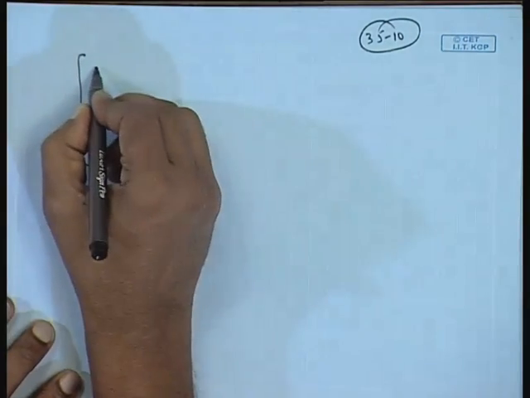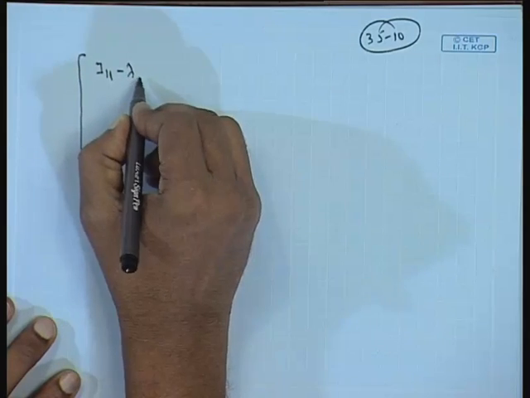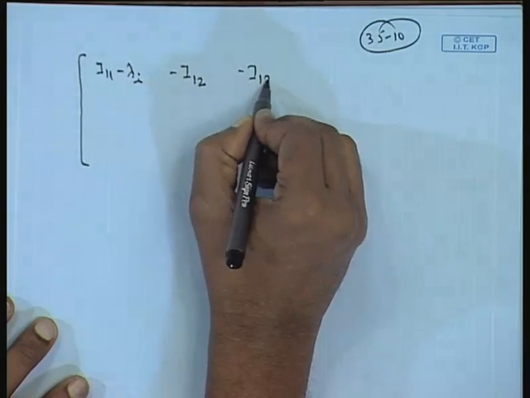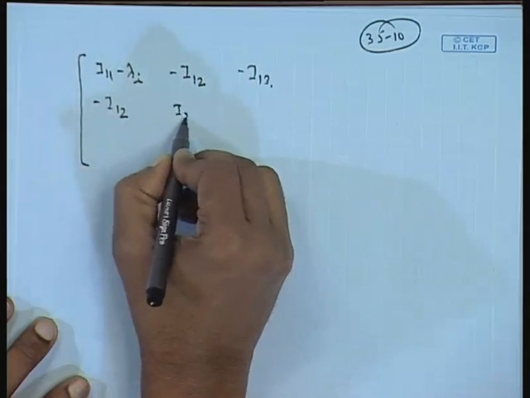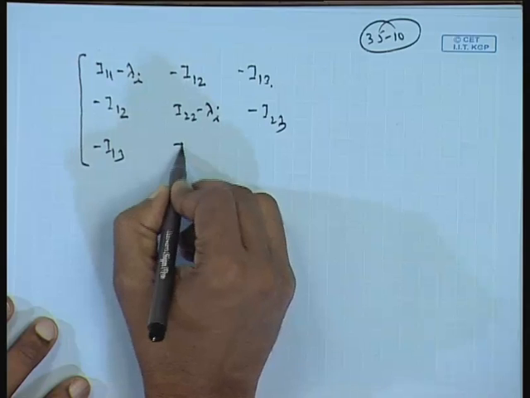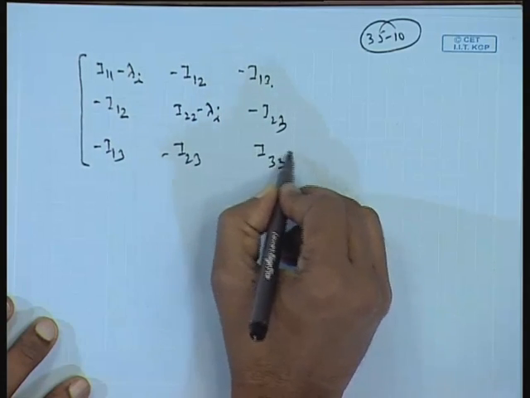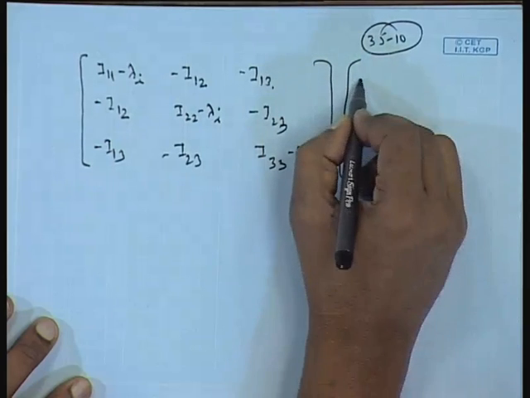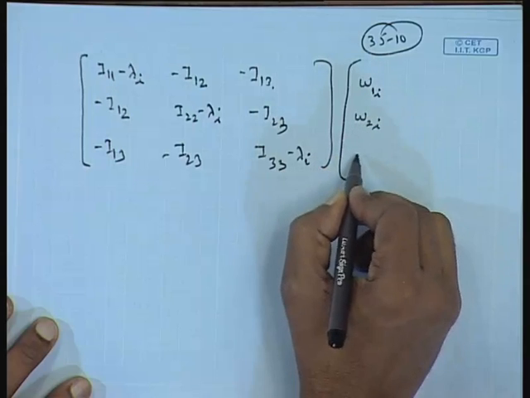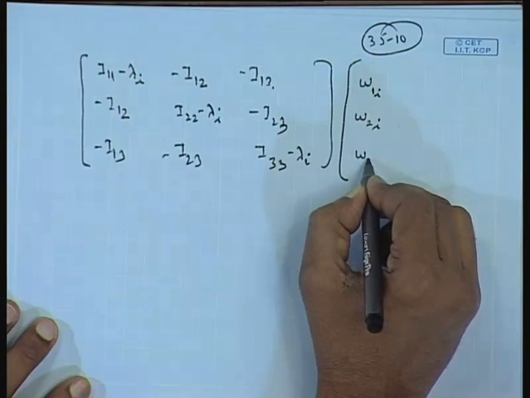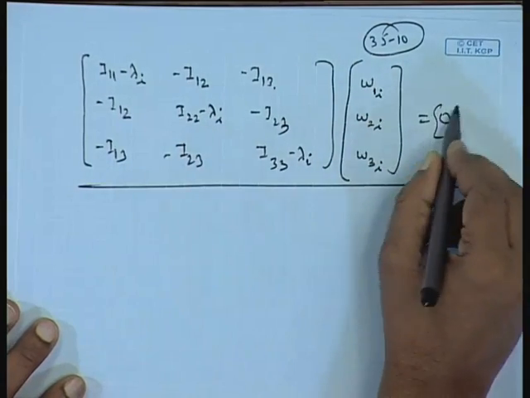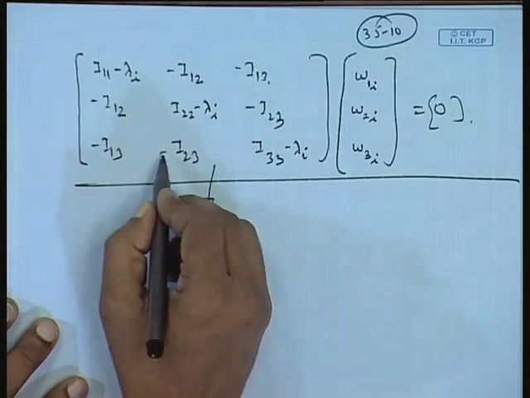So, in this equation that we wrote earlier, I 1 minus lambda, let us put here instead of lambda the lambda I, minus I 12, minus I 13, minus lambda I, minus I 23, and then omega 1, we put the subscript I, that is the eigenvector corresponding to the ith eigenvalue. Now, this matrix is singular.